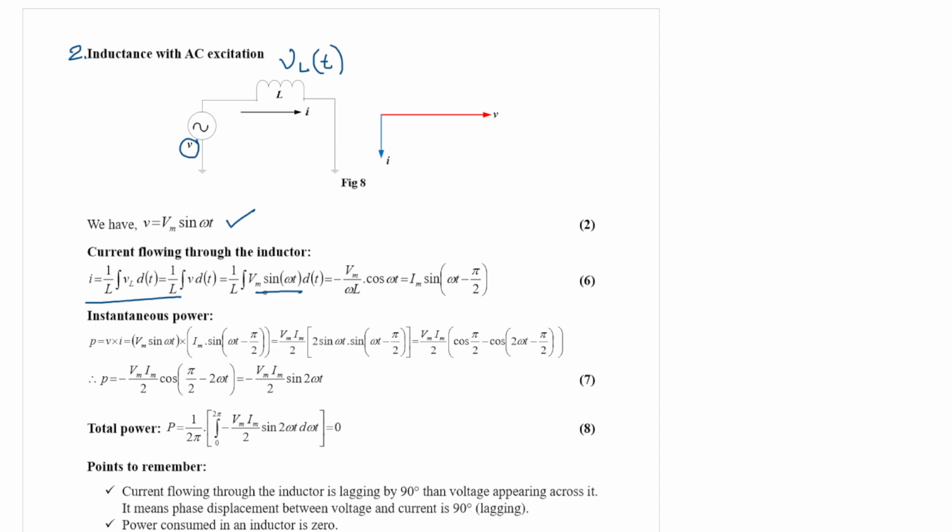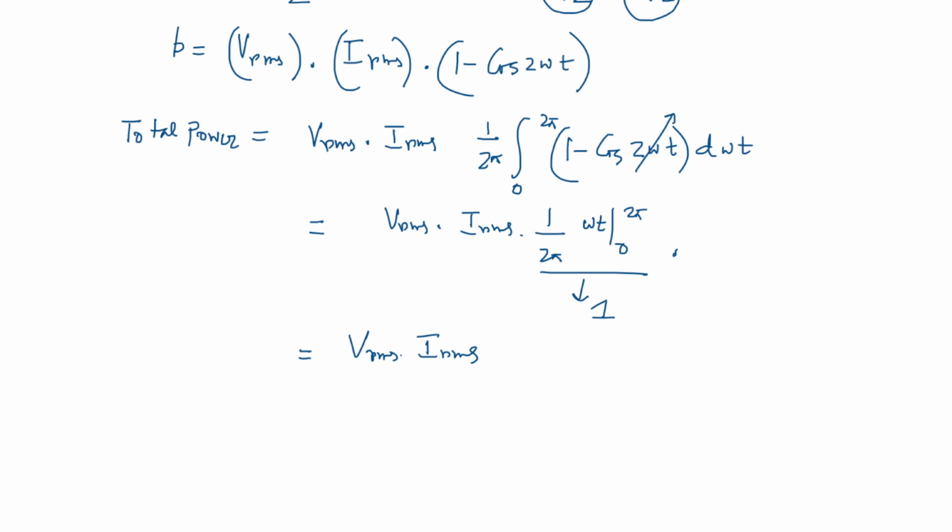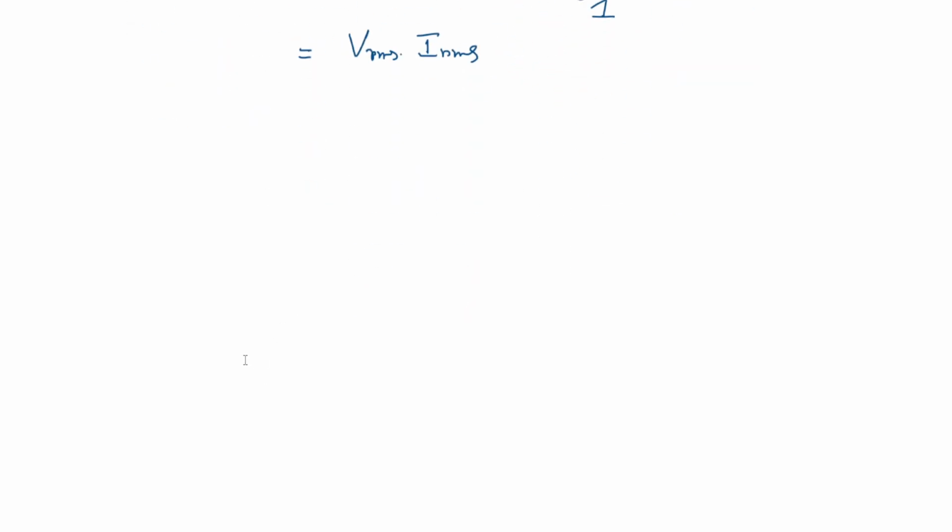So if you integrate, you take Vm outside, Vm by L. Now the integration of sin omega t will give you minus cos omega t by omega. So for the L circuit, I is equal to 1 by L integration Vm sin omega t d omega t.